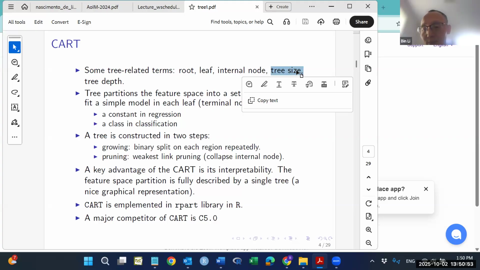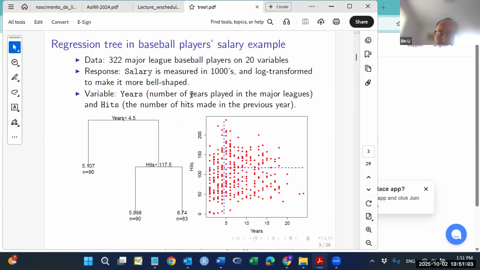Remember, we have AIC, BIC, those. So we need to have some idea about how complicated this tree model is. Let's see, if we have a tree model like that, how do you quantify? Is this a very simple tree or a very complicated tree?